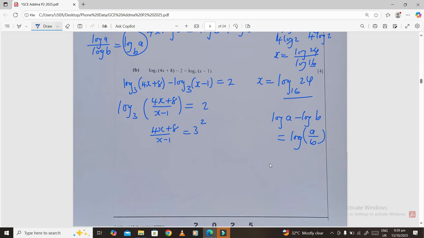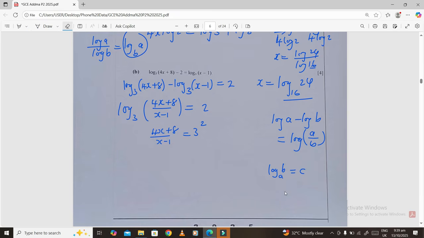It's like this: when you've got log base a of b is equal to c, this will simply be equal to b equal to a power c. Have you seen? This a becomes the base power c, and this is what we've done here.